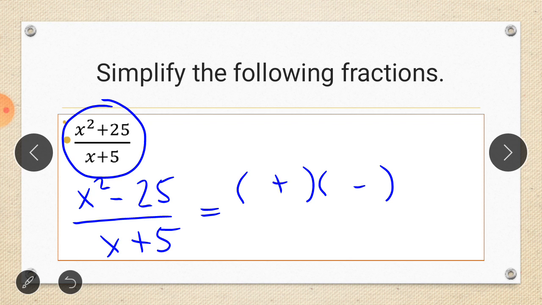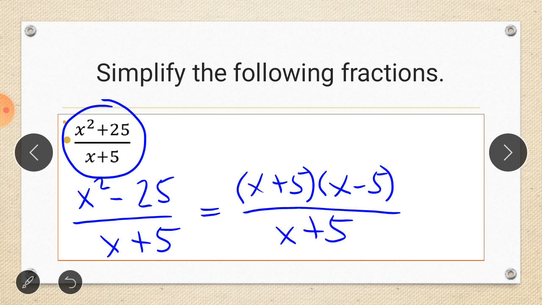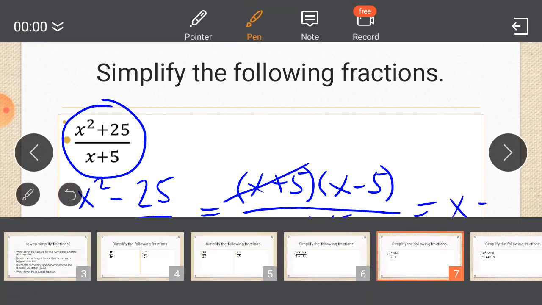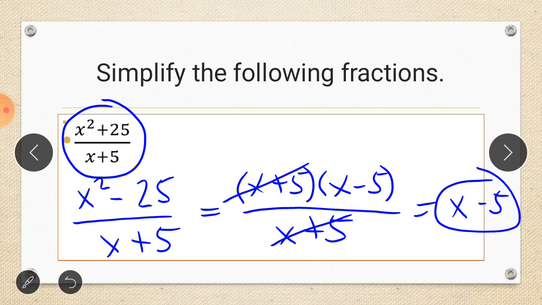So get the square root of the first term, x, and the square root of the last term, 5, over x plus 5. So cancel the common factor, x plus 5. So the final answer here is x minus 5. So if the given is x squared minus 25 over x plus 5, the answer will be x minus 5.